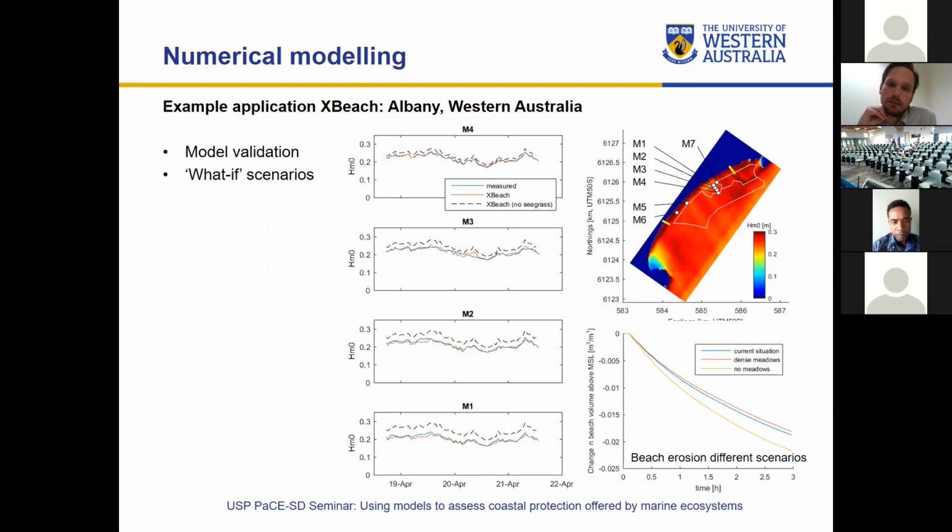No. So this one is calibrated. Yeah. So this was actually done before we did the subgrid model. But I think in general, if you would use the subgrid model in this case, I would still not expect that it would give a good match right away, mainly because of the flexibility of seagrass.